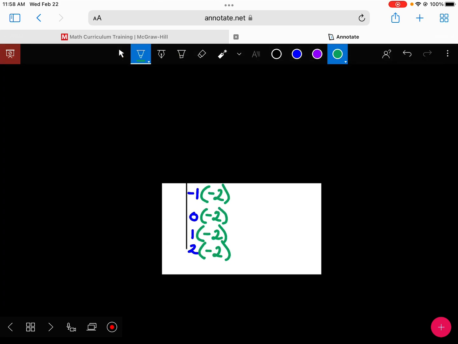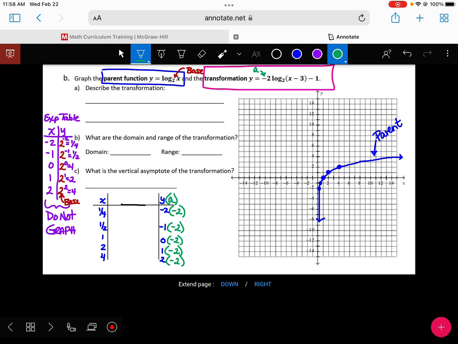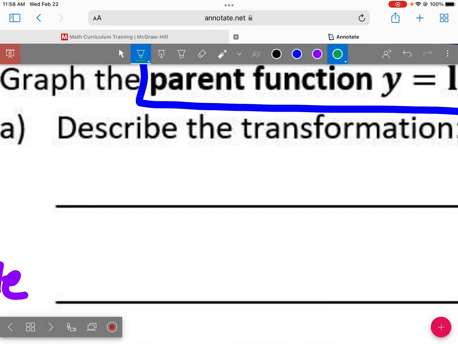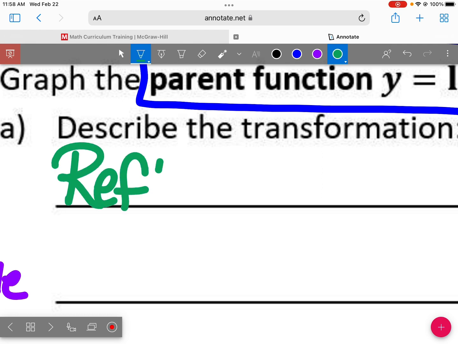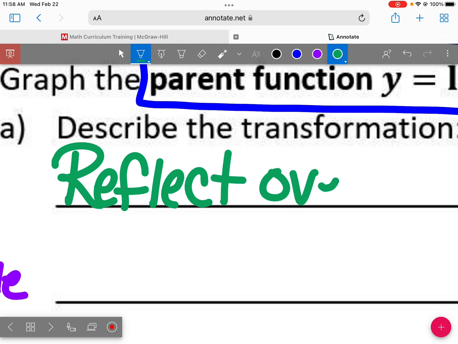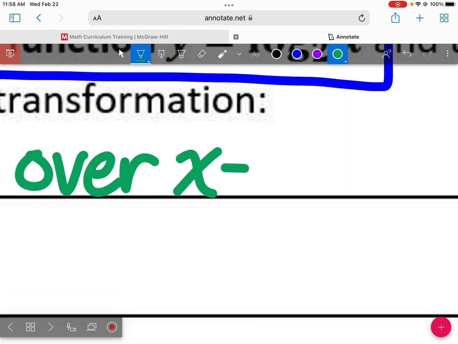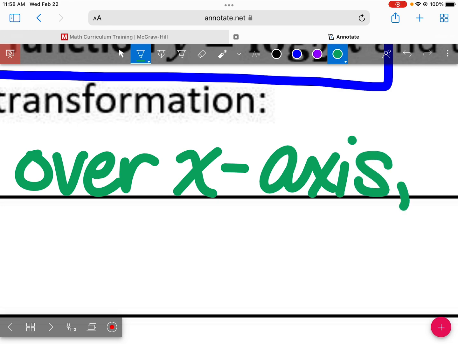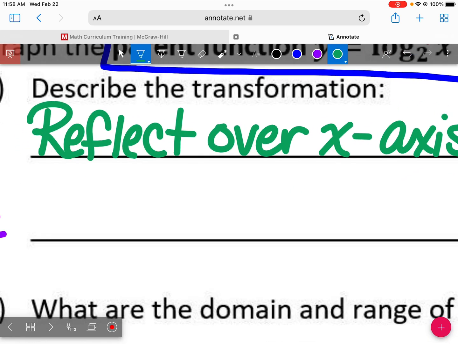What does the negative do? Negative a value. What will a negative a value do? Reflect. This is going to reflect over the x-axis. But my a value wasn't just negative, it was -2. What does the 2 part of it do? Stretch, vertically stretched by 2.